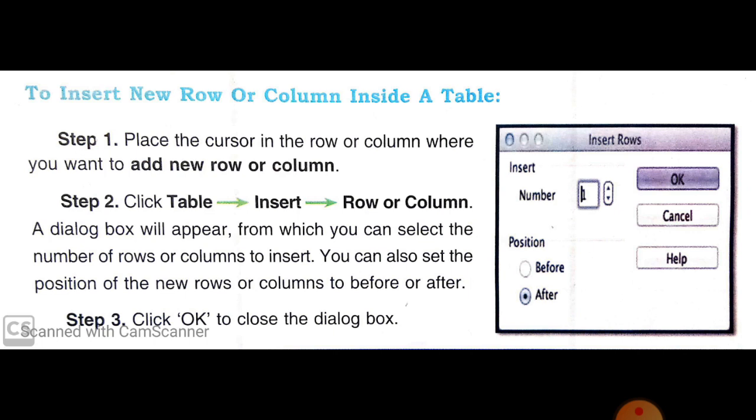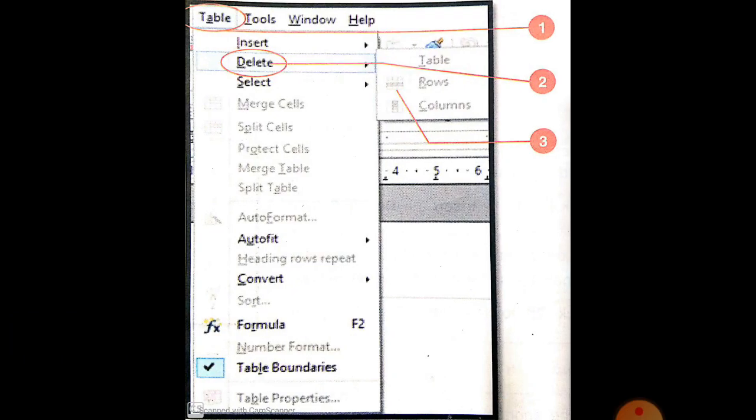Now, to delete a row or column, first method, by using the menu. Step 1, select the row or column to be deleted. Step 2, choose table, then delete, and then the row or column option to delete the selection.